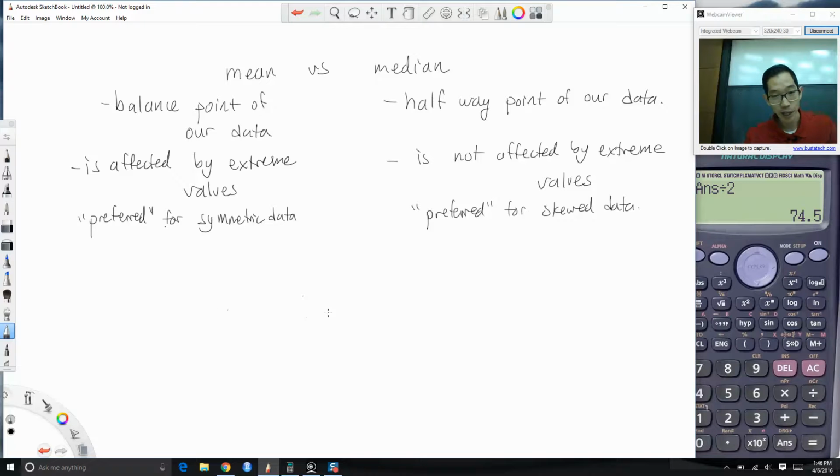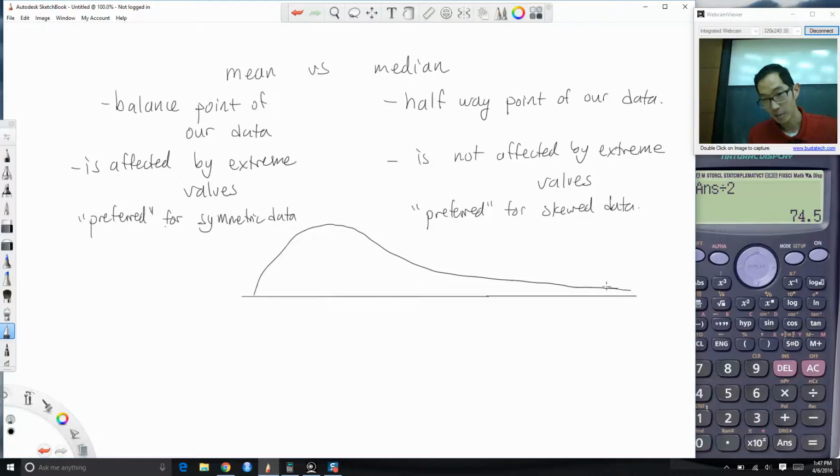So if you have skewed data, what happens, okay, and this is just a very cartoonish illustration here that will be over exaggerated. You'd have the median and you'd have the mean.